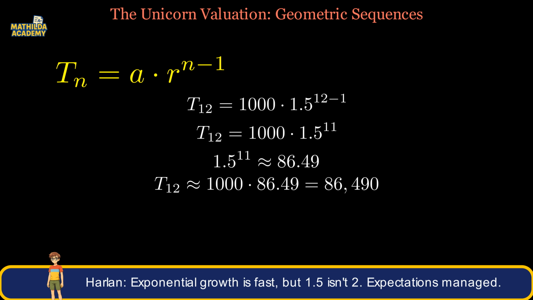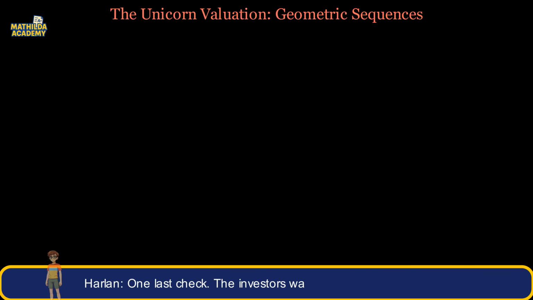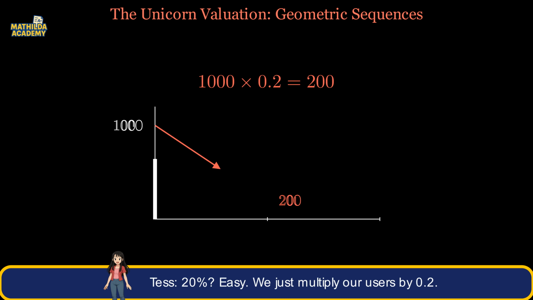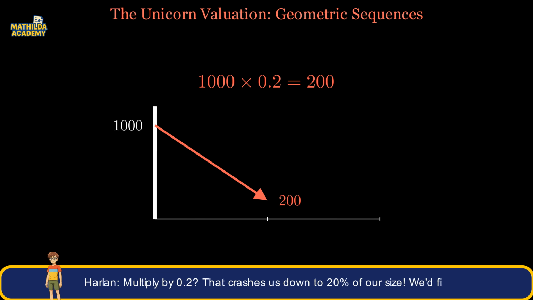Expectations managed. One last check. The investors want a 20% growth rate next month. 20%? Easy. We just multiply our users by 0.2. Multiply by 0.2? That crashes us down to 20% of our size.